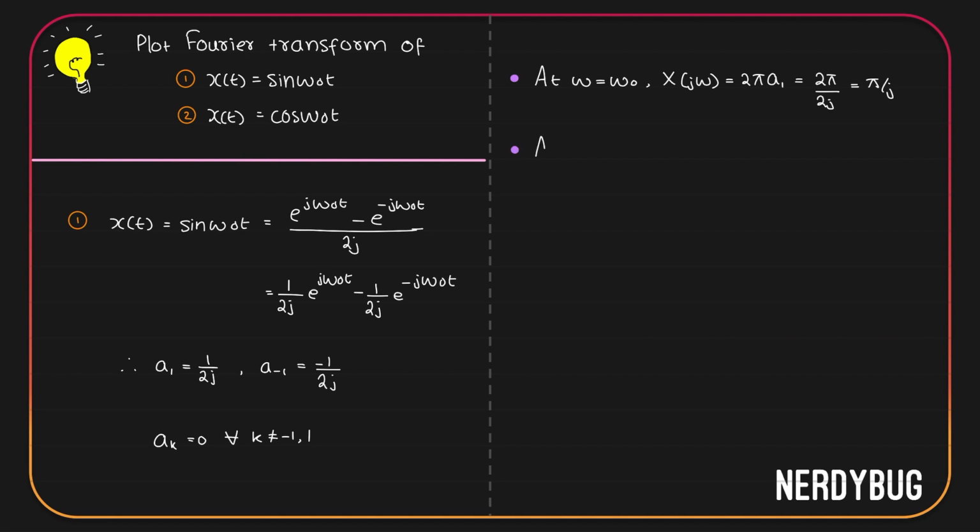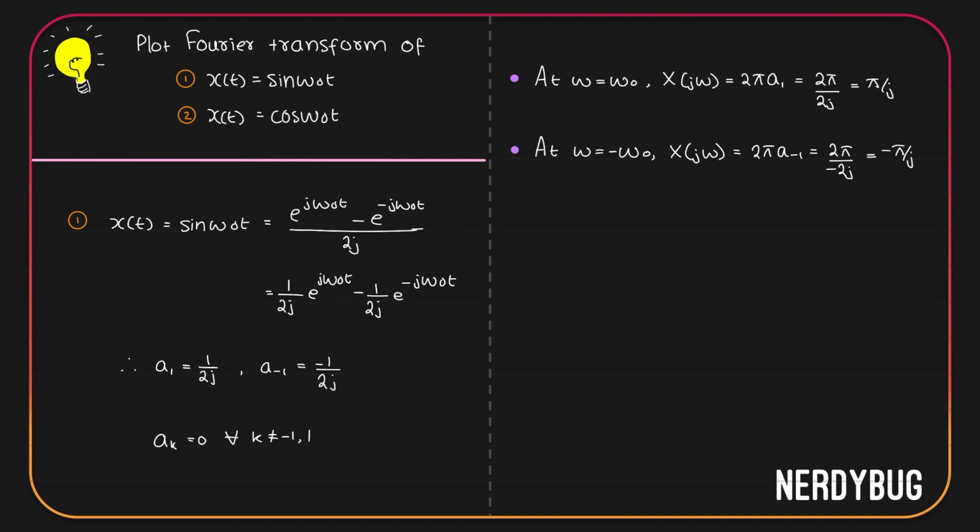At k equal to minus 1, ω will be minus 1 times ω₀, and we learned X(jω) will have magnitude 2π aₖ, being minus 1, 2π a₋₁. So 2π multiplied by minus 1 by 2j, or 2π divided by minus 2j. So this is minus π by j.